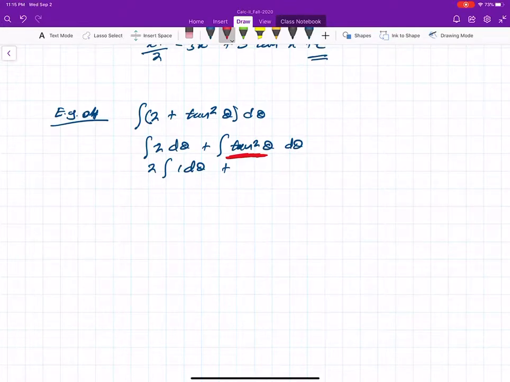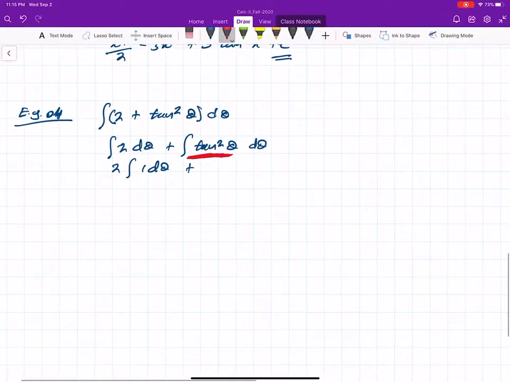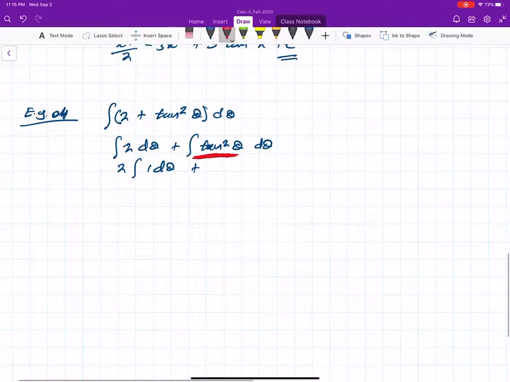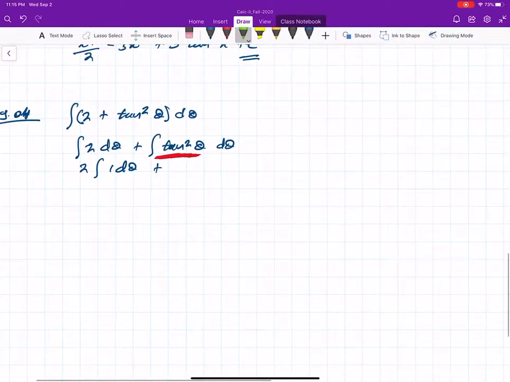So you can't integrate this itself. The step one is to check whether you can integrate this, but you can't. Because of that reason, you are thinking about a trigonometric identity that transforms this into a trigonometric function that you can integrate.